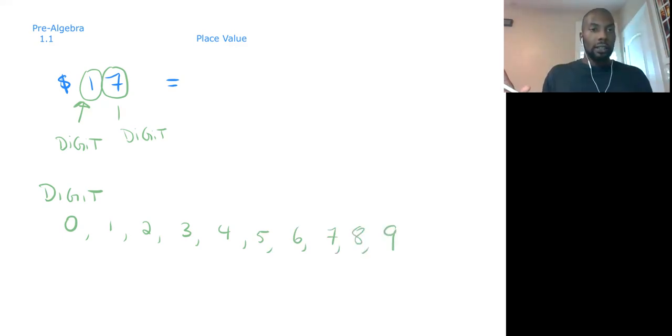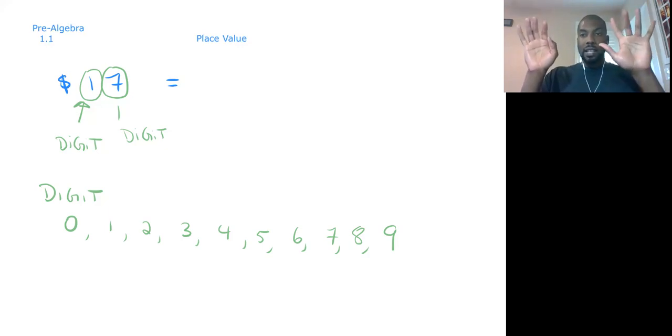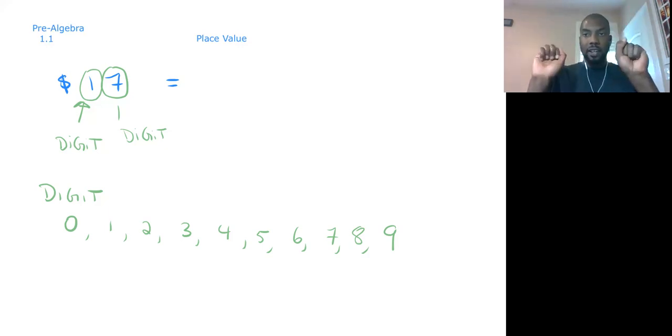All the numbers in English and in our world can be described with these 10 digits. Another way to think of digits are on your fingers. You have 10 fingers. Another word for fingers is digits.